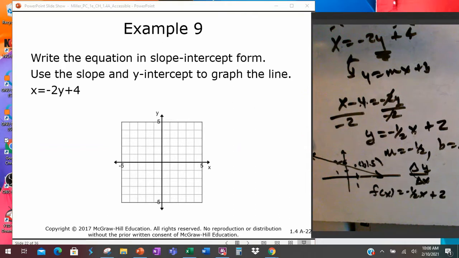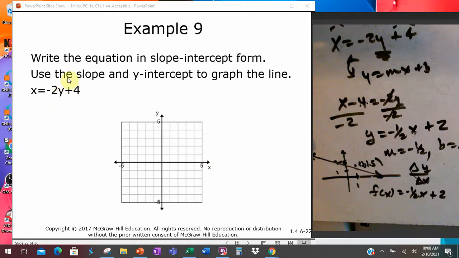Okay, so let's continue on. Let me put all of this together. So write the equation using the slope and y-intercept. I didn't do the x-intercept here, but I could do it once I get to here by putting y equal to 0 and using x equal to 4.